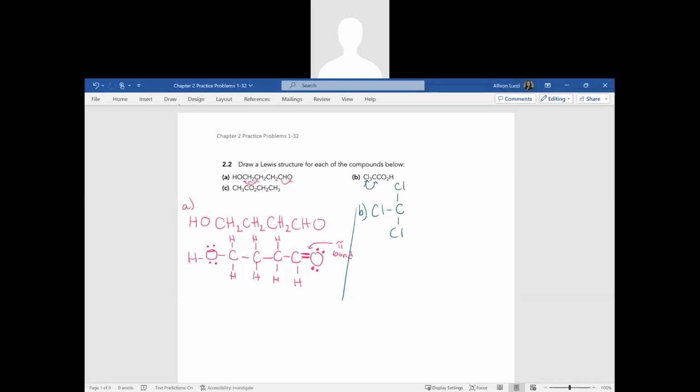So that carbon's bonded to another carbon, and then we see here we have 2 oxygens. So again, you might be tempted to just go through and do 2 oxygens bonded to each other like this. But what we notice is that this carbon only has 2 bonds.